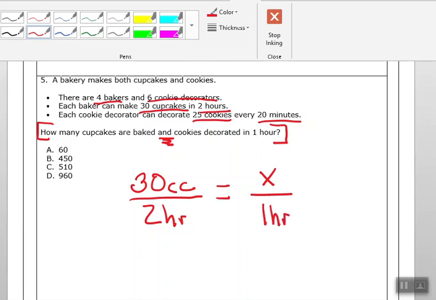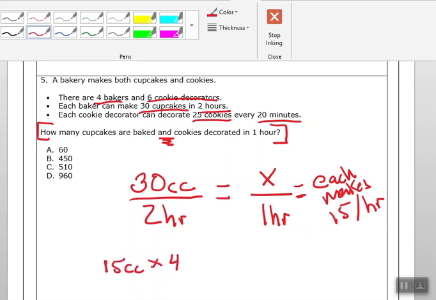What we know now is that each baker, and you could have done this in your head, makes 15 per hour. And I know that I have 4 bakers. So I'm going to go my 15 cupcakes times my 4 bakers means I have 60 cupcakes baked an hour.